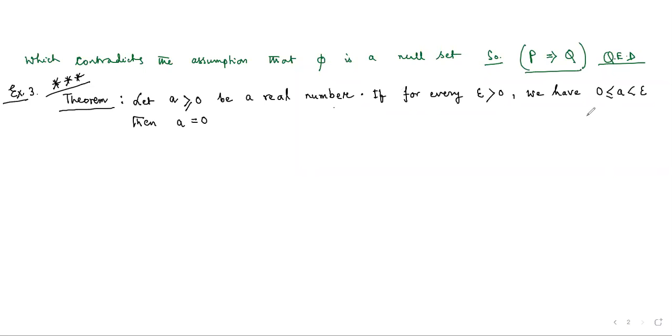When your teacher taught you limits of a sequence or limit of a function, you often wrote something like this: f(x) minus f(a) less than epsilon, with epsilon greater than or equal to 0.